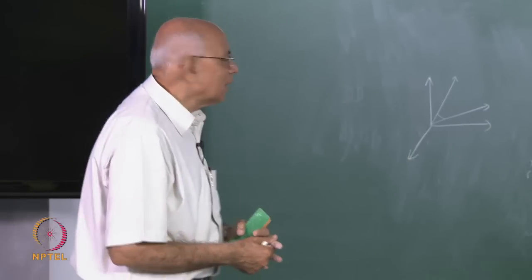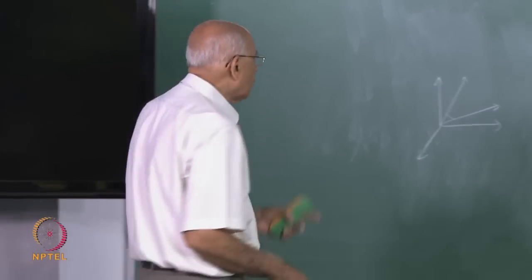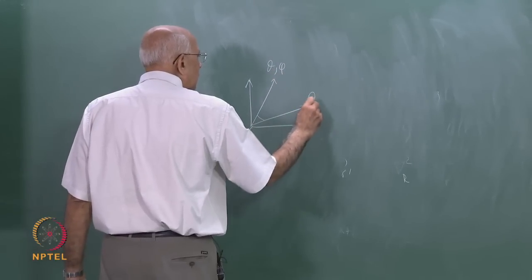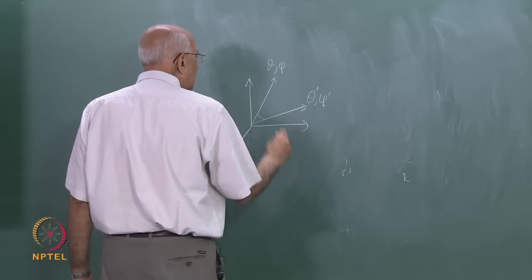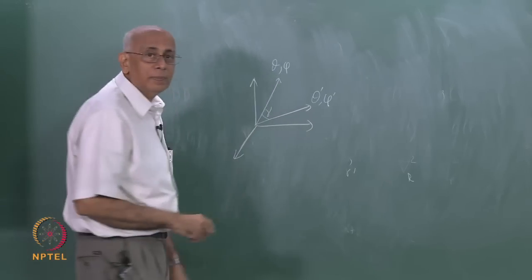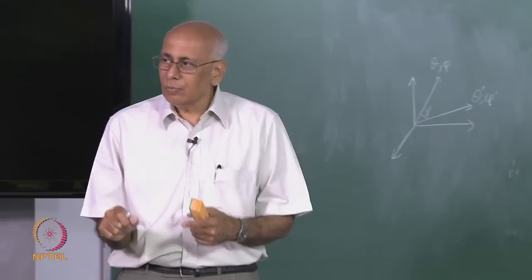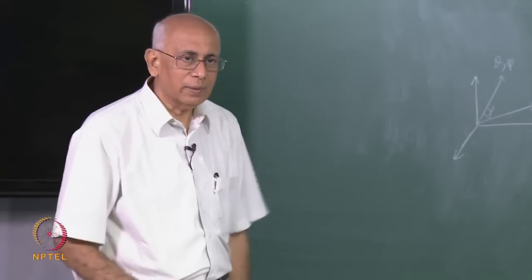I do not know if that is learned by people, but if the polar coordinates here are theta, phi and the polar coordinates here are theta prime, phi prime, and this angle is gamma, then there is a relation which is essentially the addition theorem for the Legendre function of order 1.